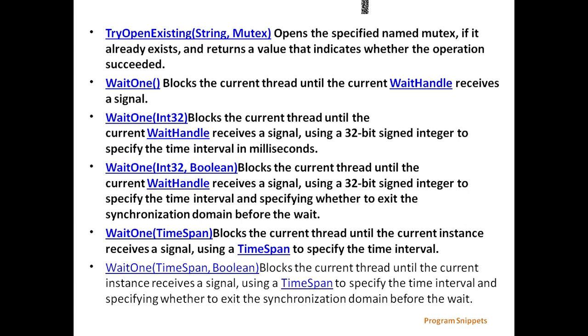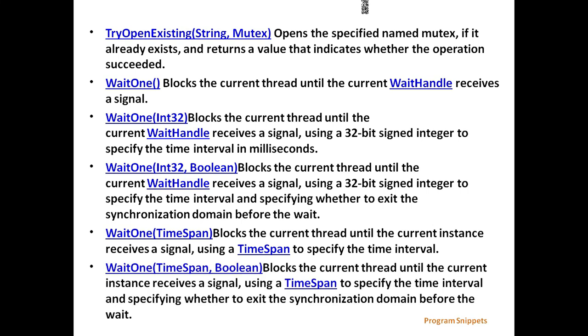WaitOne with TimeSpan blocks the current thread until the current instance receives a signal, using a TimeSpan to specify the time interval. And WaitOne with parameters TimeSpan and boolean blocks the current thread until the current instance receives a signal, using a TimeSpan to specify the time interval and specifying whether to exit the synchronization domain before the wait.